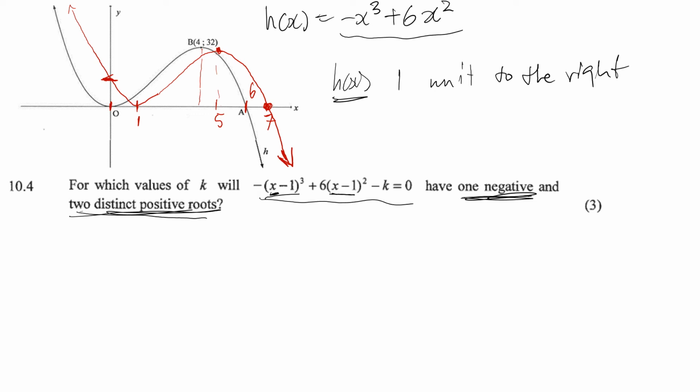So let's actually determine what this y-intercept is, because it's going to be very useful in solving this problem. To get that y-intercept, we can go back to the shifted equation, y = -(x - 1)^3 + 6(x - 1)^2, and substitute.